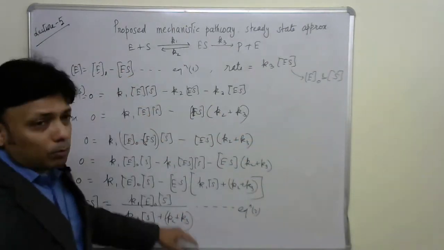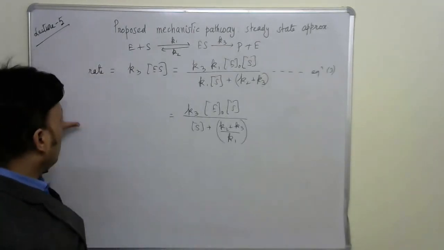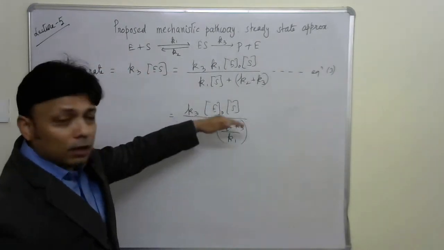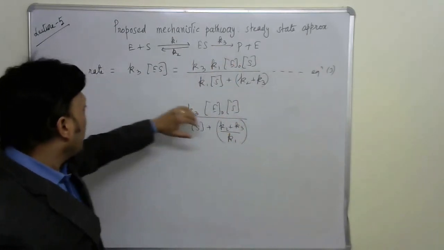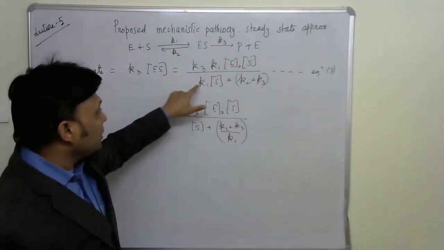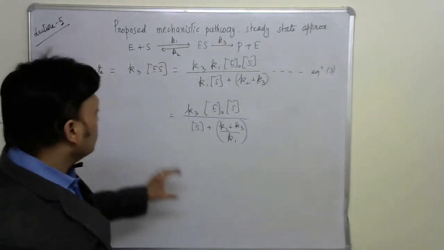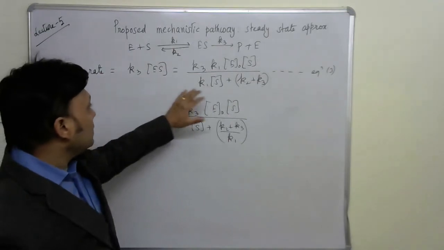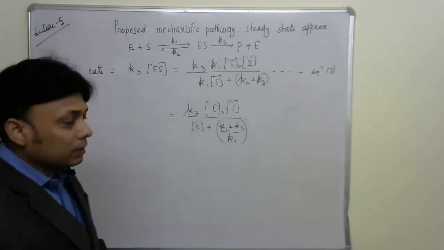So let's clean the board and write it over again. Here I have written the expression for ES that we derived a little while ago, and finally the rate is equal to this expression, and we call it equation 3. Now you see this is the complete rate equation, where the rate is expressed in terms of E naught and S and a whole bunch of other constants.